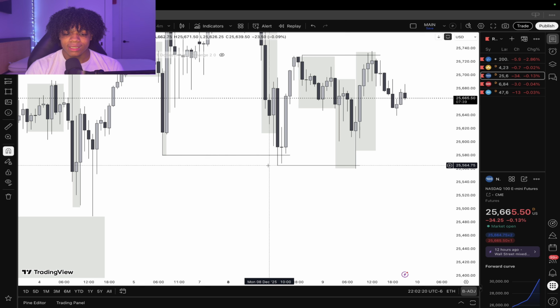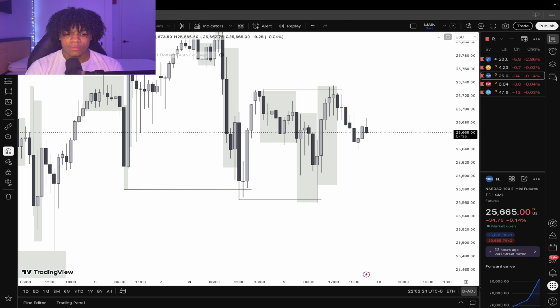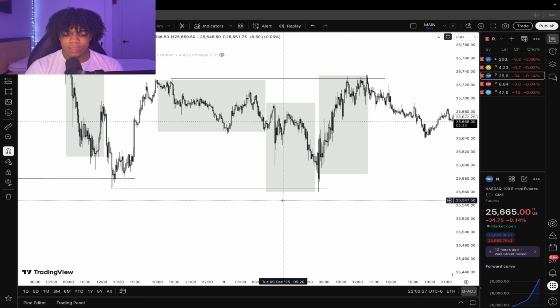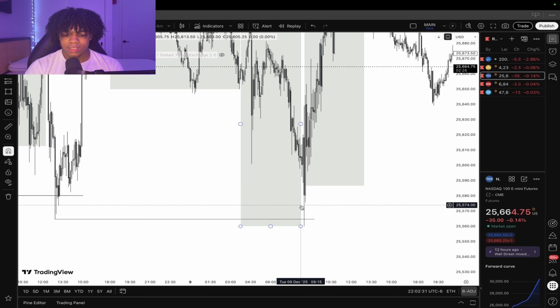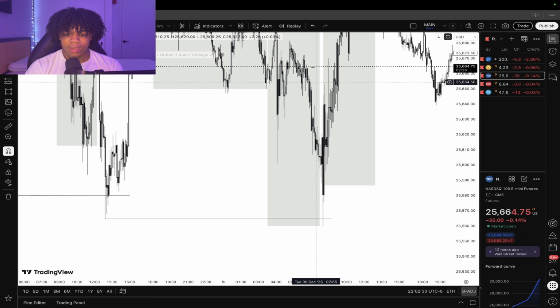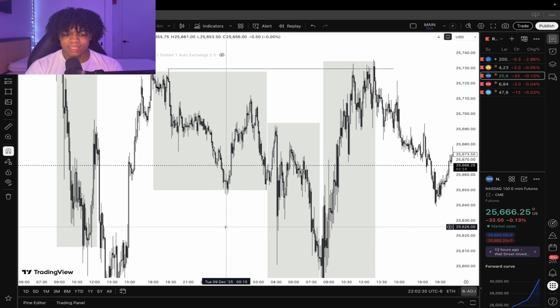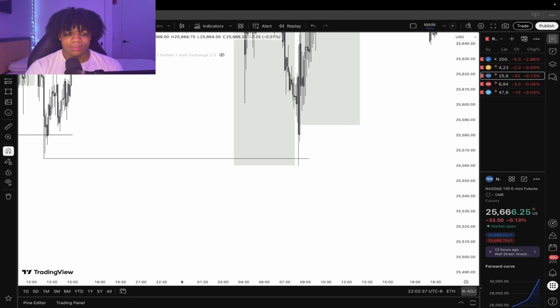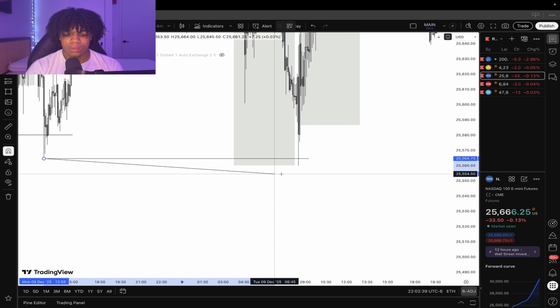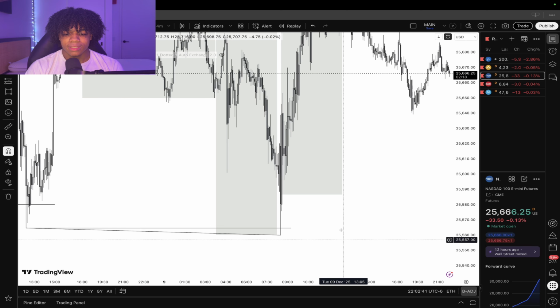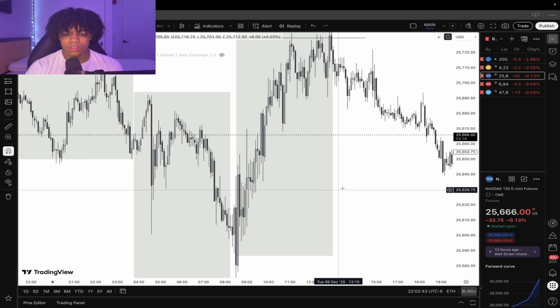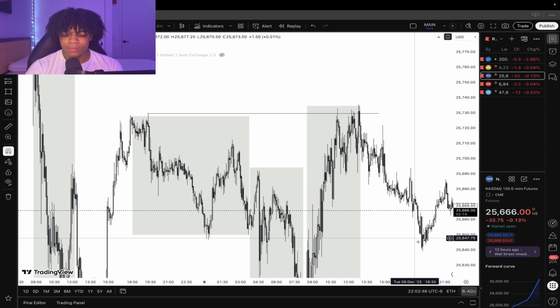NASDAQ leading because it was the one to sweep out the low, okay? So you can see here, if at this point in time we saw the sweep, we knew that we were in our manipulation phase because we passed through this consolidation. And at the same time, we had this crack and correlation, right? We could look to position ourselves inside of this distribution leg to catch the move higher, right?